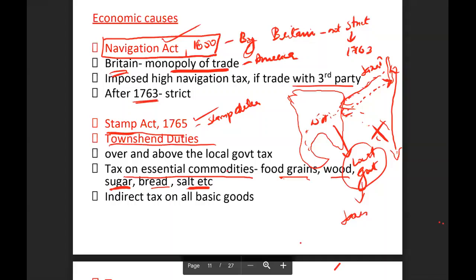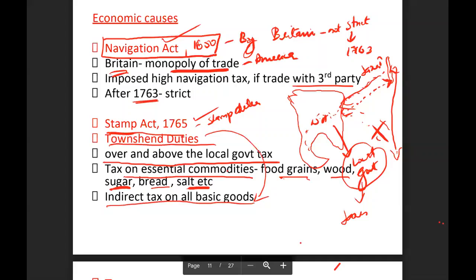Now Britain also started. So over and above the local government tax, even the British started imposing taxes. It became very miserable for the normal life of people. Indirect taxes on all basic goods also started to be charged.